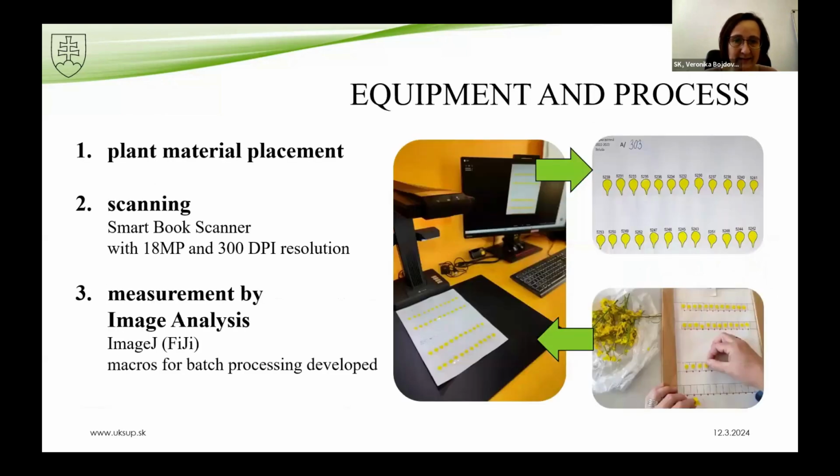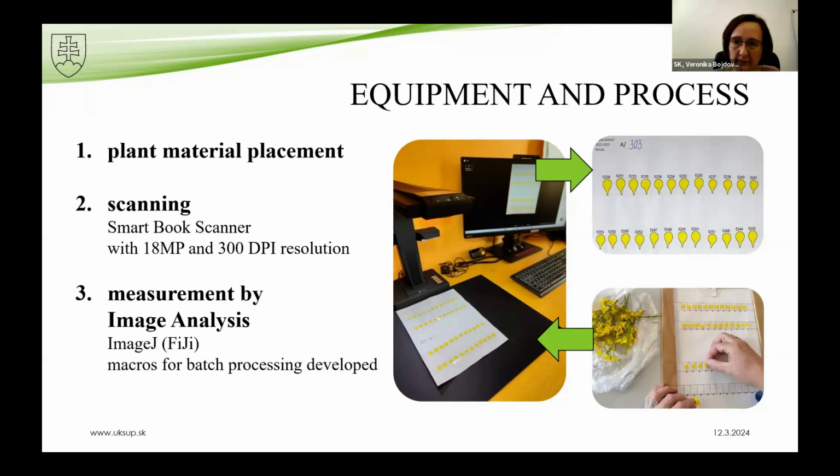Next slide, please. For the image analysis, we use a scanner with 18 megapixel resolution for images and 300 dpi resolution. Here you can see the process of the plant material placement.